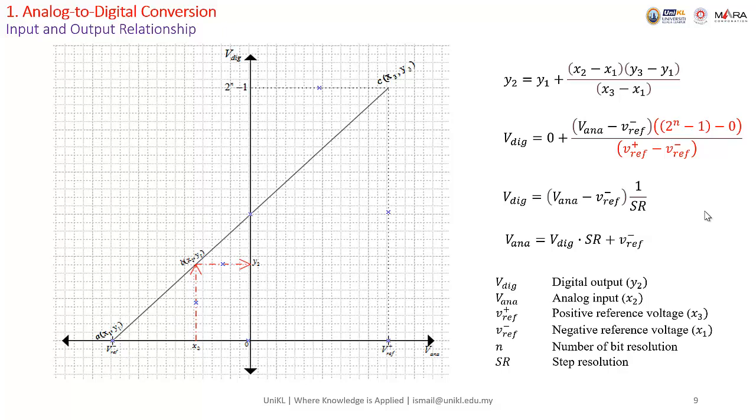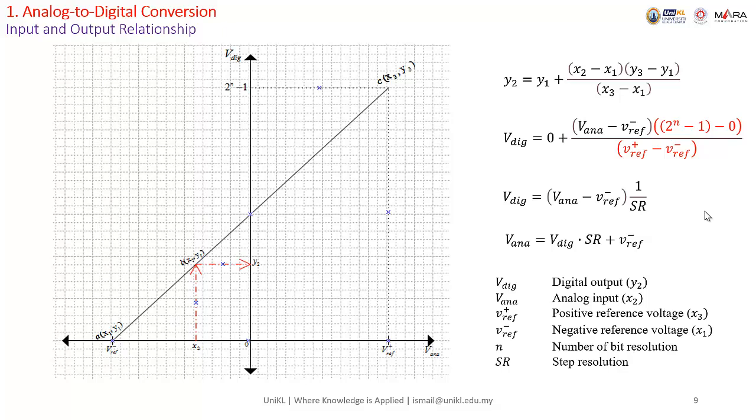So we can see that from the formula, Vref positive minus Vref negative over 2 power of n minus 1. The higher the n is, the smaller the step resolution, the better the resolution, the better your ADC. However, the greater the size of bits, it takes more time, and of course the cost to develop it.